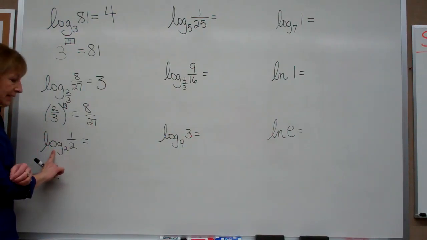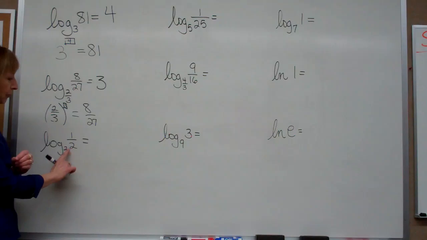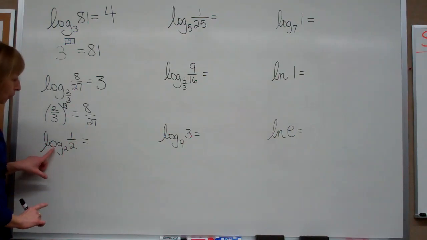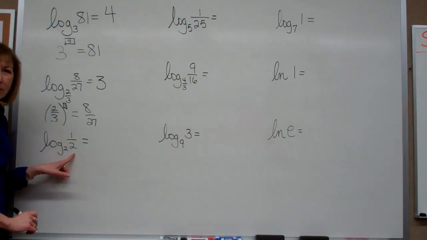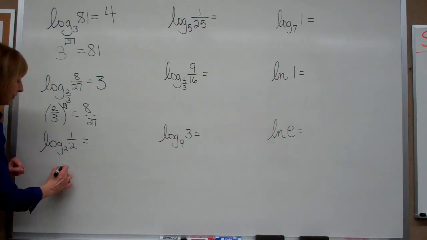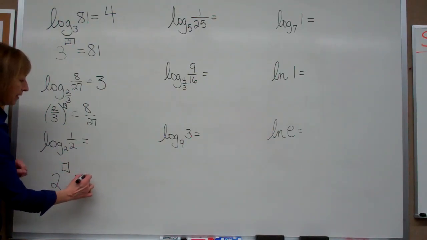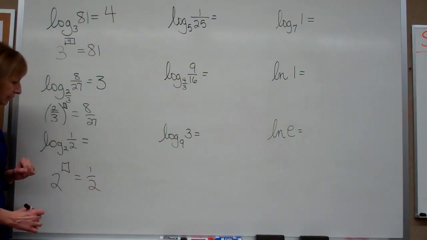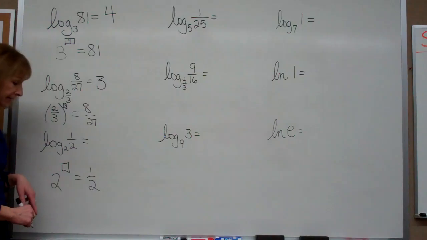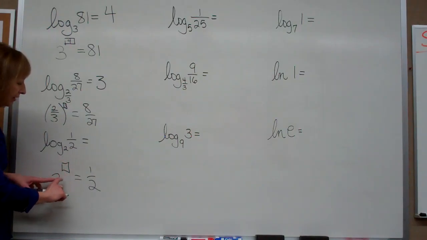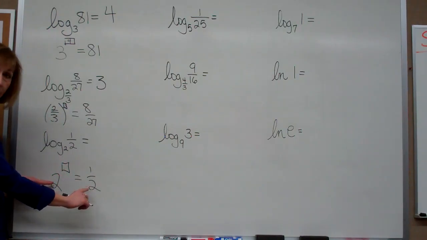How about this next one down? It's log base 2 of 1/2. So we want to know what exponent we will put on this base of 2 to create the number 1/2. 2 to the what power will give me 1/2? Well, I know negative exponents will reciprocal the base, and I need to have this written as a reciprocal.